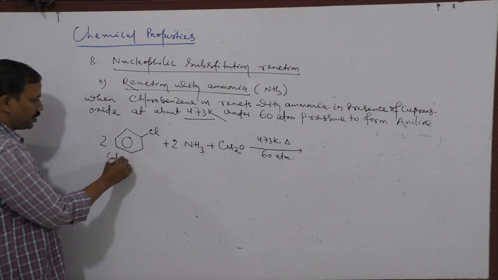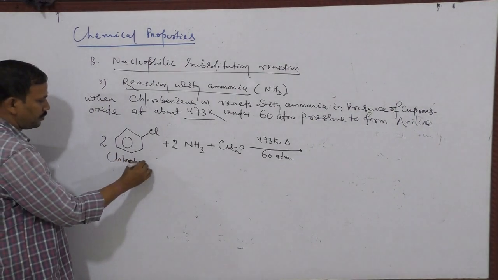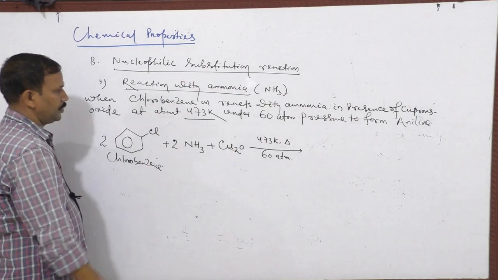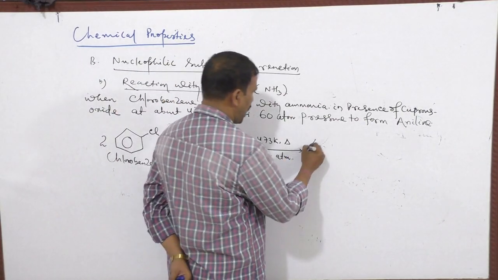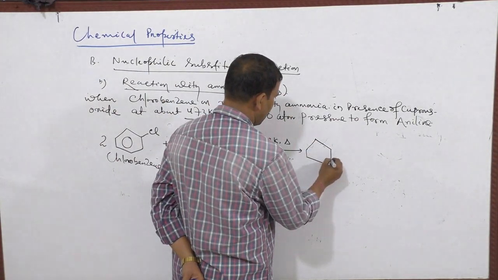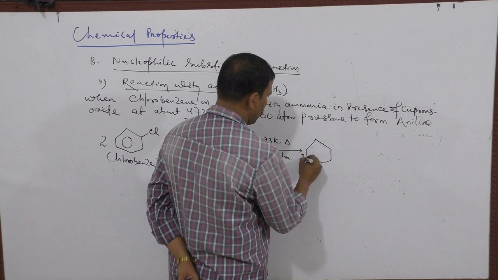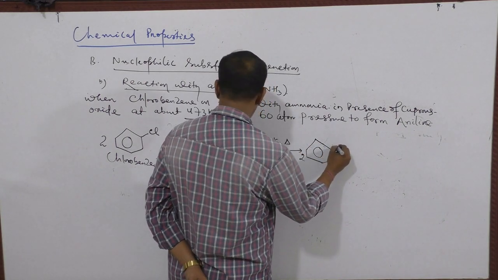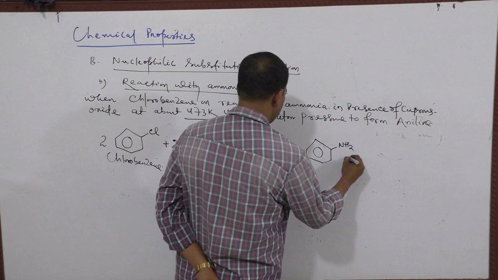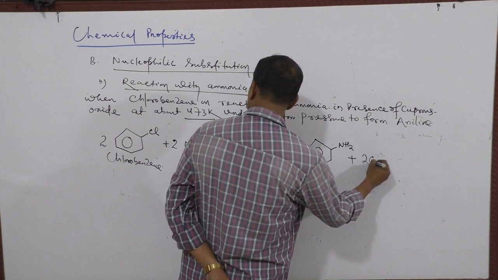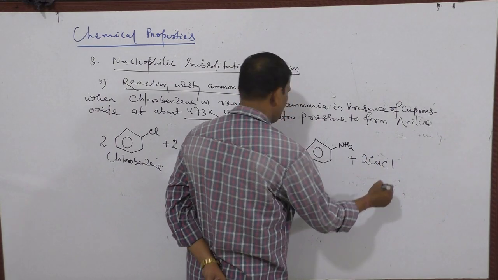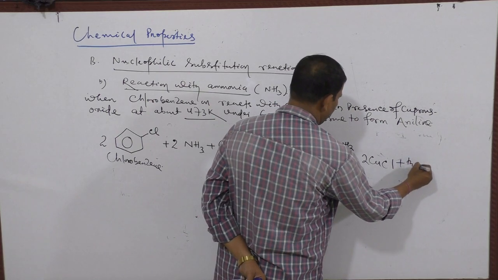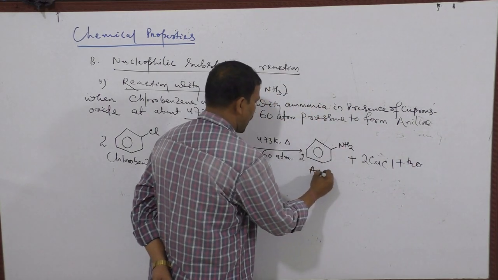Now it forms aniline, also 2 mole, plus 2CuCl plus water. This is known as aniline.